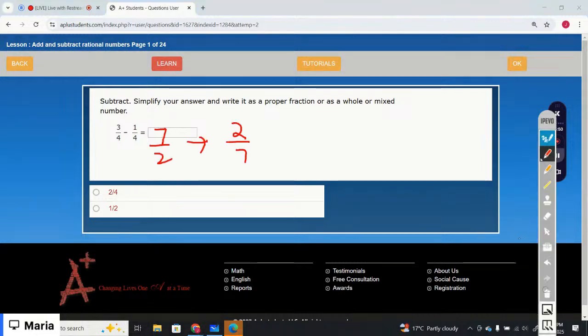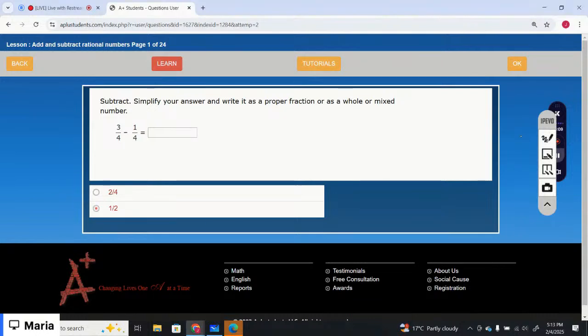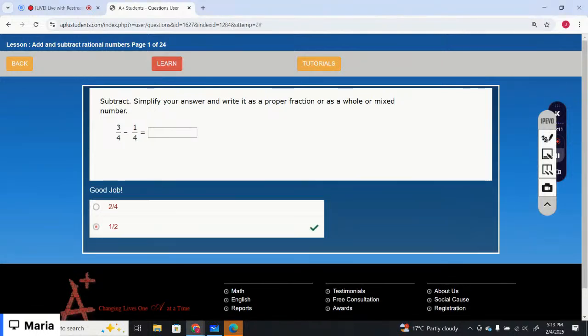So 3 by 4 minus 1 by 4: 3 minus 1 is 2 over 4. You have to simplify the answer, so you divide by 2. That is 1 over 2. Option number 2 is the correct option.